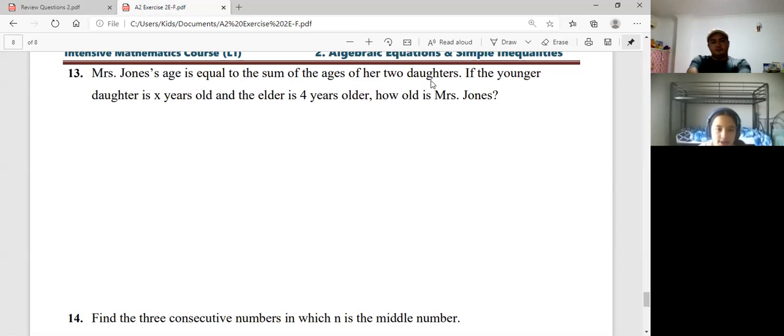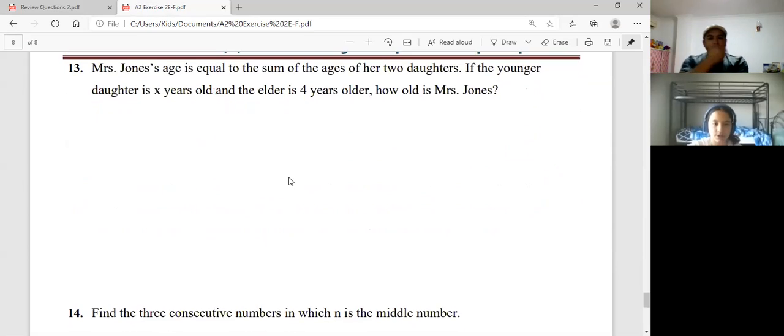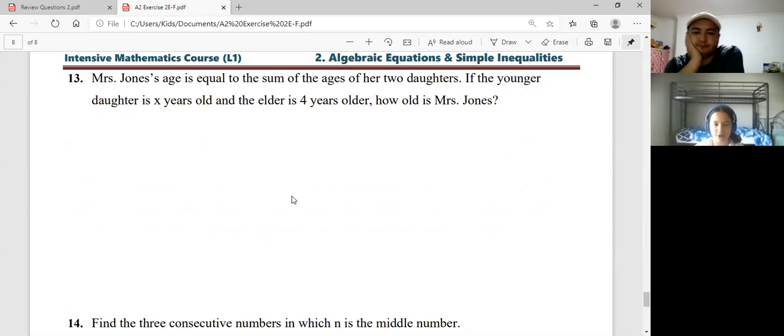Mrs. Jones' age is equal to the sum of the ages of her two daughters. If the younger daughter is X years old and the elder is 4 years older, how old is Mrs. Jones? Shahina, first, can we write this in 3 lines?